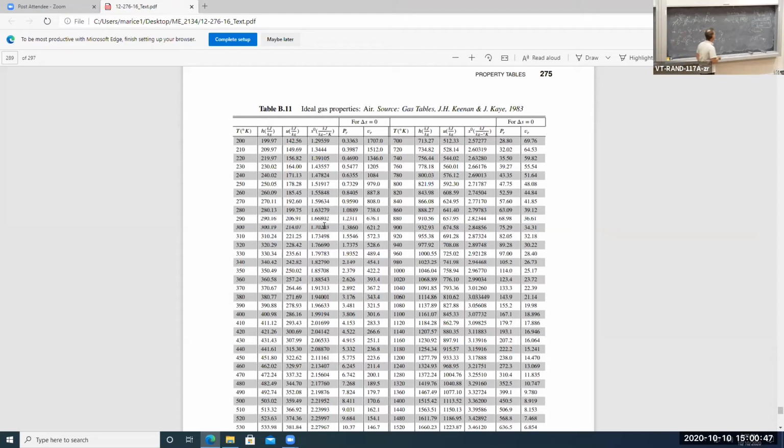1.692 kilojoule per kilogram degree Kelvin, okay? So that's interpolation.